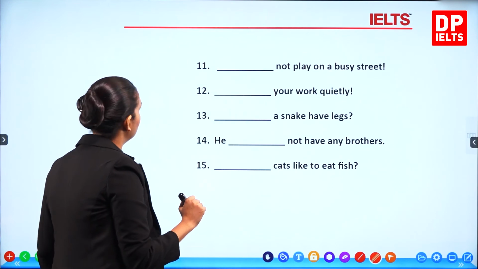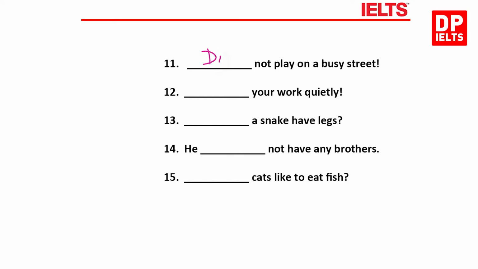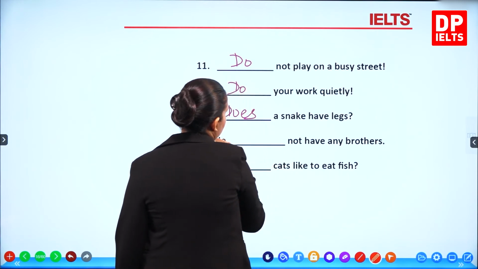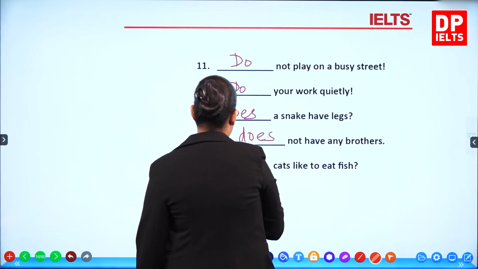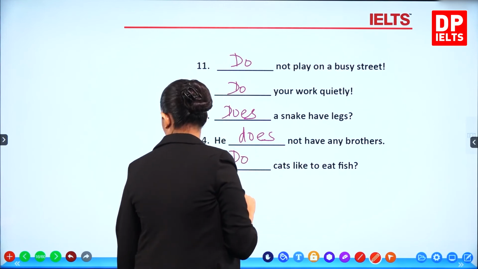Okay. Do not play on a busy street. Do your work quietly. Does a snake have legs? He does not have any brothers. Do cats like to eat fish?